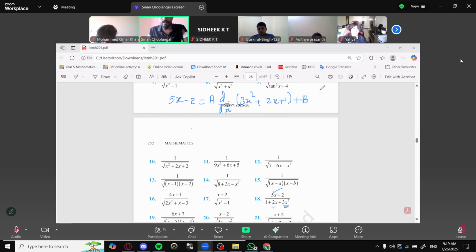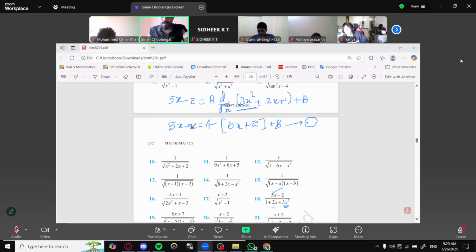Now we have to differentiate, because the differentiation should take place. You will come to know why we are doing this. 3x square will become 6x, 2x will become 2, plus B. You can take it as equation number 1.